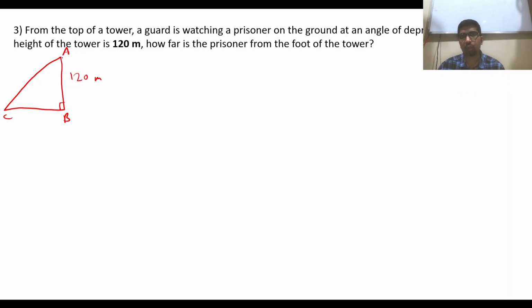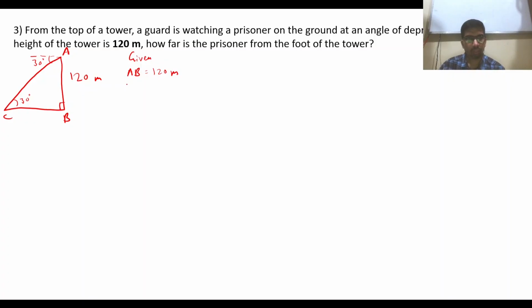There's a guard standing at point A looking down at 30 degree. Looking down means angle of depression 30 degree. If a person is looking down at 30 degree, the prisoner will also look up at 30 degree. Why? Because angle of elevation is equal to angle of depression. So you have to find how far the prisoner is from the foot of the tower. Let's write the given part first. AB is 120 meters.